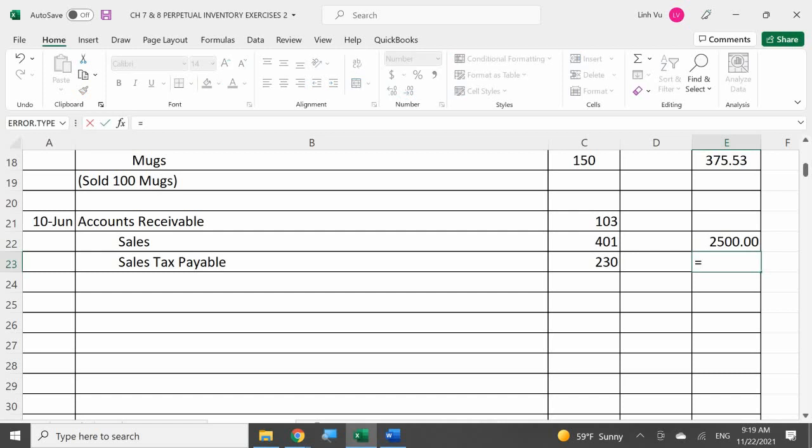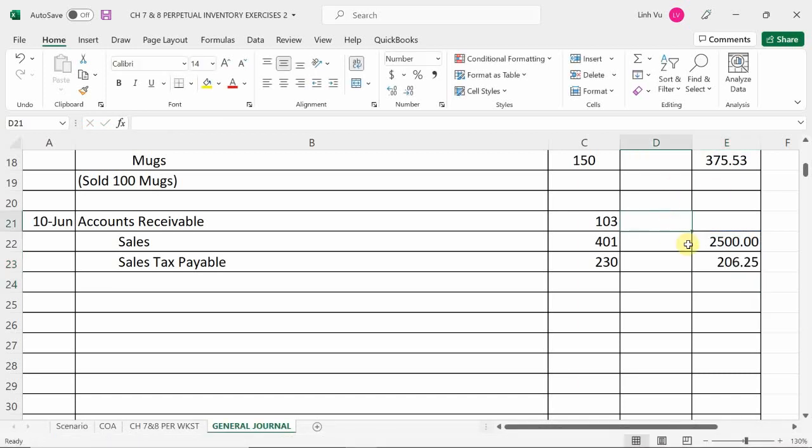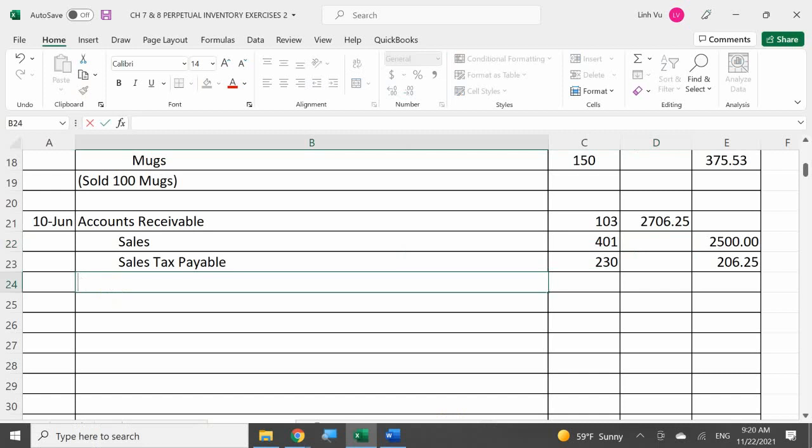How much tax are we going to be collecting? $206.25. Good. So then in grand total, how much does customer A owe me? 2,706.25.